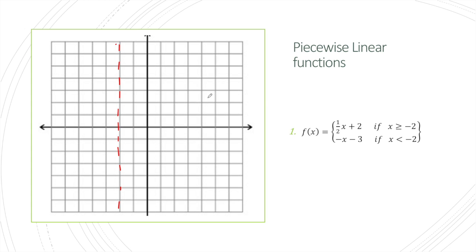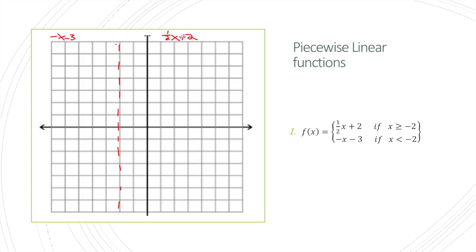So in this half, when x is greater than or equal to negative 2, I have defined by the function 1/2 x plus 2, keeping a note that negative 2, because it's greater than or equal to, is included on this half. And then on this side of my graph, I have negative x minus 3. And that's when x is less than negative 2. So the boundary is not part of this side.